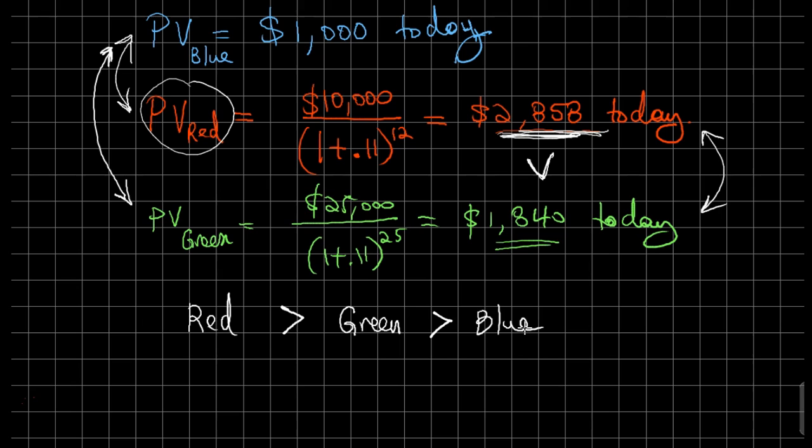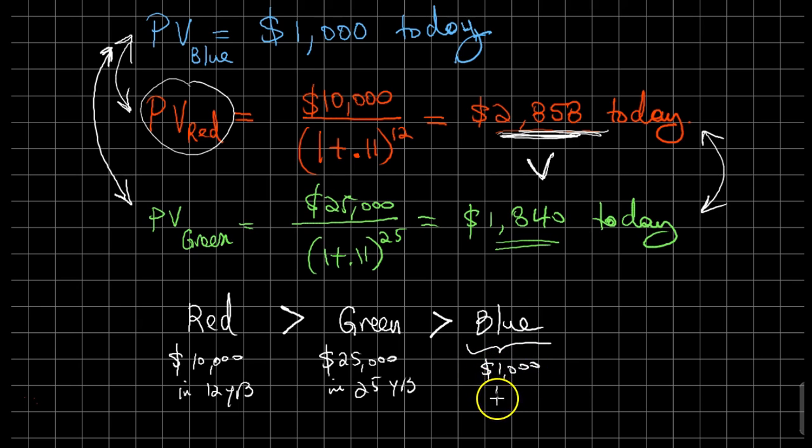So we would definitely prefer to have $10,000 in 12 years, which is better than having $25,000 in 25 years, which is better than having simply $1,000 right now.